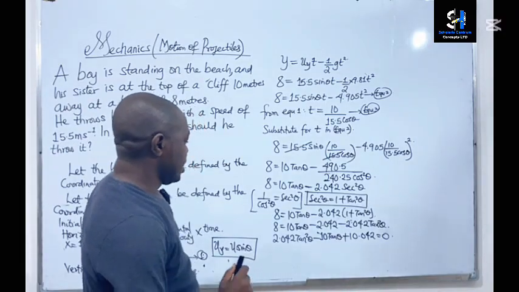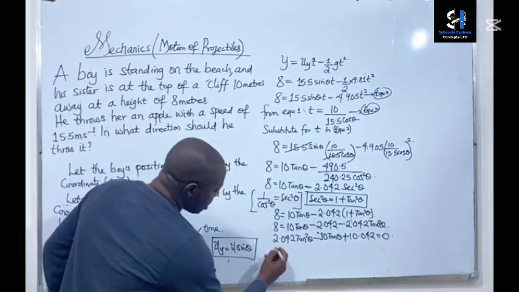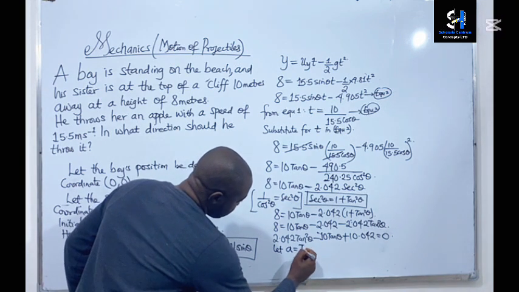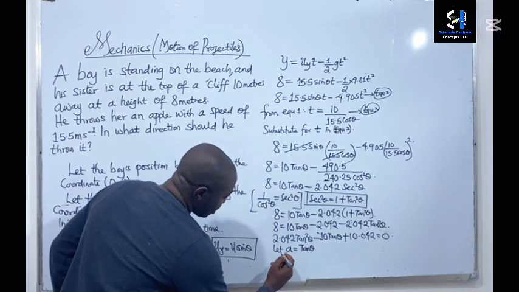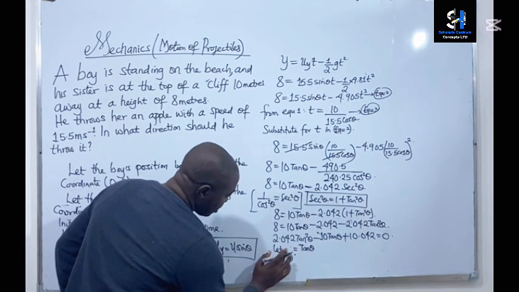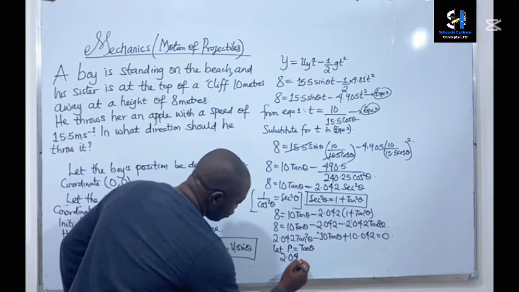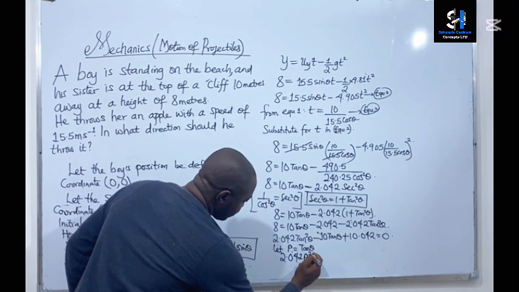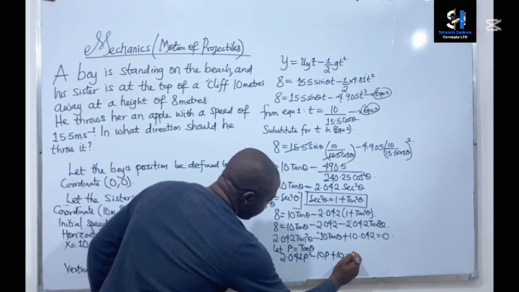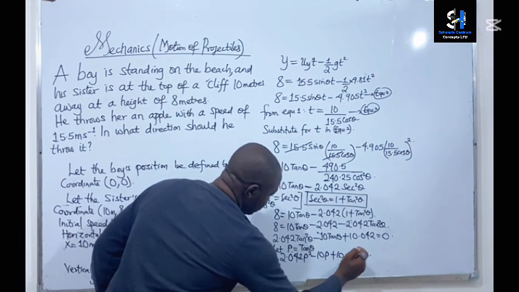To make it easier, let P equal tan theta. So 2.042 P squared minus 10P plus 10.042 equals 0.